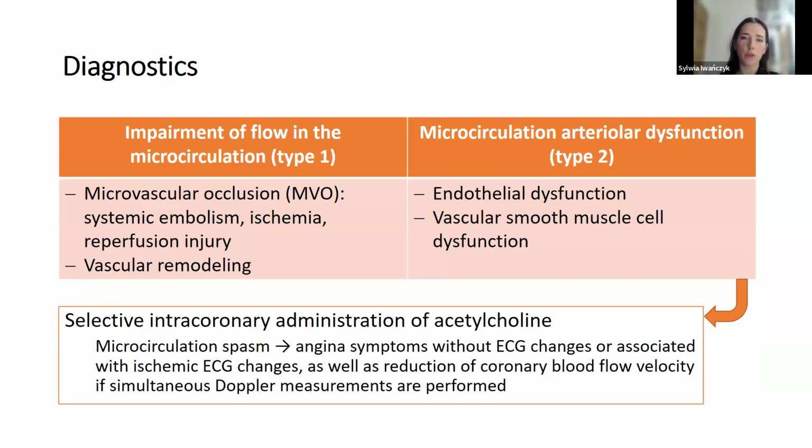So we don't observe a remodeling in this patient, but rather functional disease. And in this group of patients, the selective intracoronary administration of acetylcholine is the best way to diagnose this type of disease.